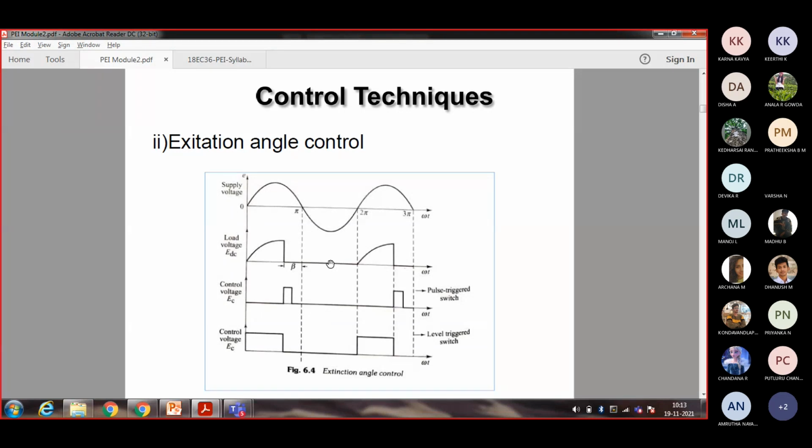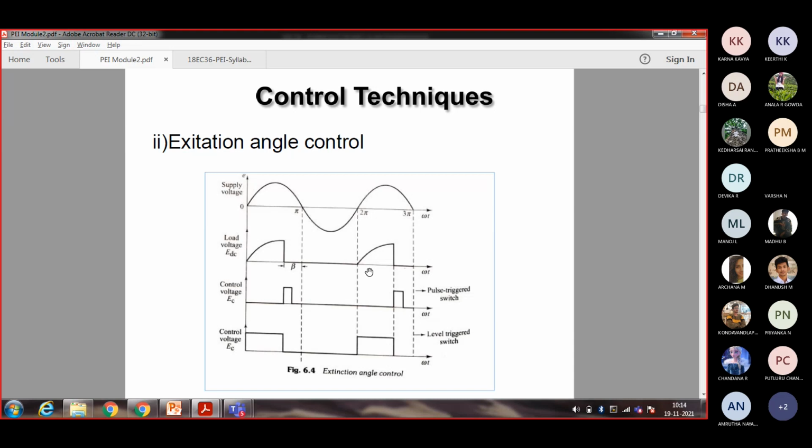Here it is going to be after 90 degrees. The supply voltage is the same. In the load voltage, there is the excitation angle. Once you give the pulse to trigger the switch, it will conduct. Here the beta value is where you will not get any signal for the first half, and in the second half, as usual, you will not get the signal.